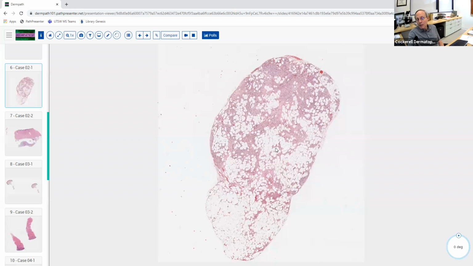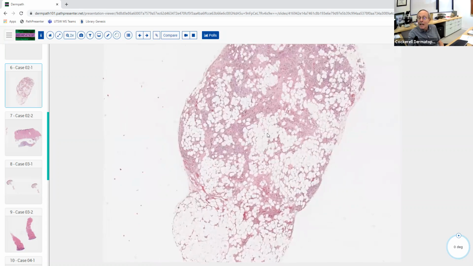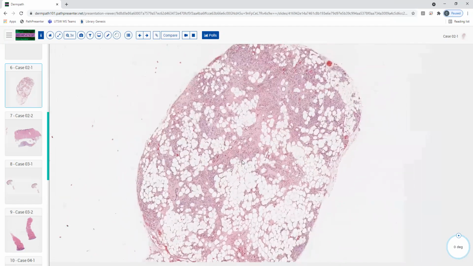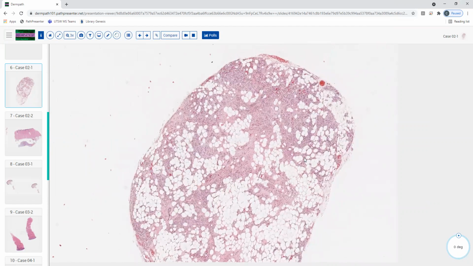Is this epithelial or non-epithelial? No, it's not epithelial. We're looking mostly at fat. Is fat the only thing we see here? No, there's another 50% of stuff, either vessels and fibrosis or stroma around.